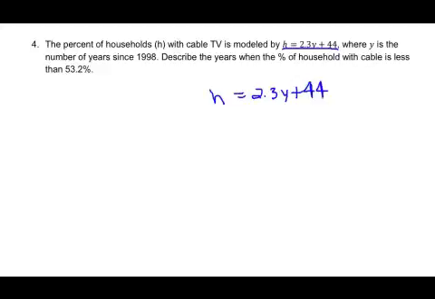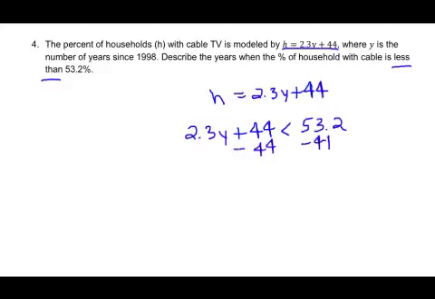We want to know when this model is less than 53.2. So we have 2.3y plus 44, and again, we want that to be less than 53.2. And then we're going to solve for y. So we subtract 44 from both sides. That leaves us with 2.3y is less than 9.2.